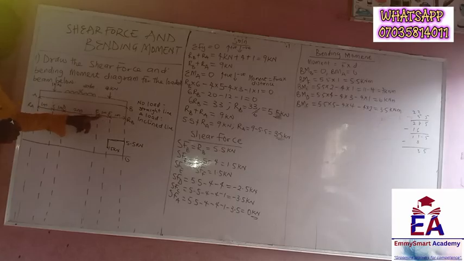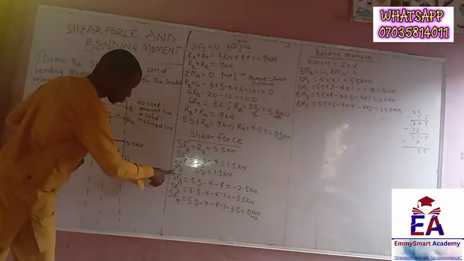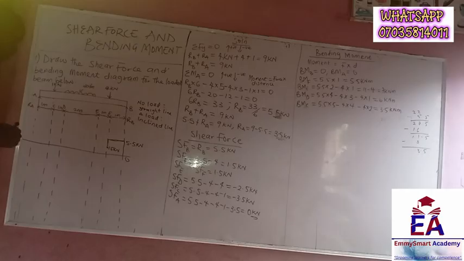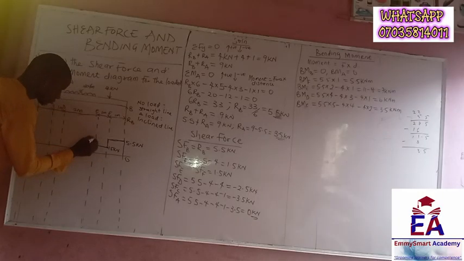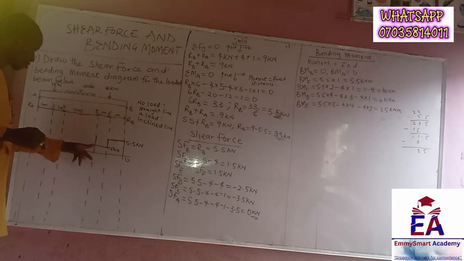And then at point E, the effect of this load, it's the same thing, the same 1.5 kilonewton, right? So we just move it this way. So it maintains that particular effect for this duration.